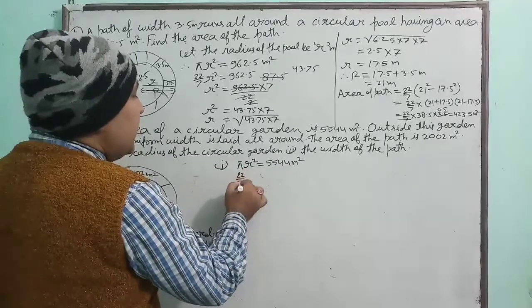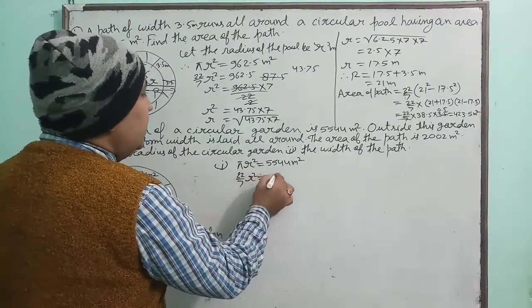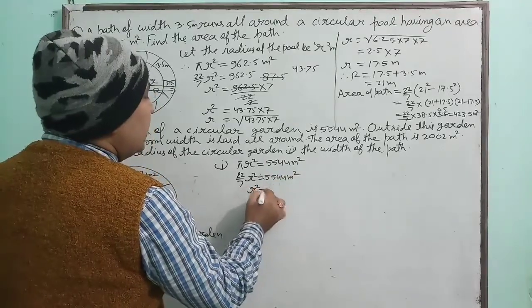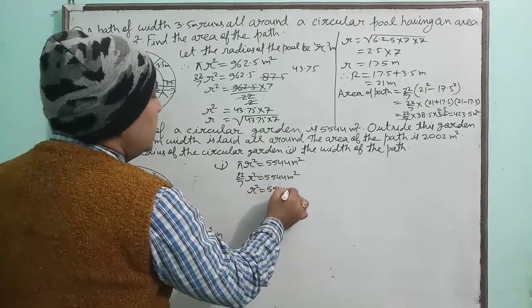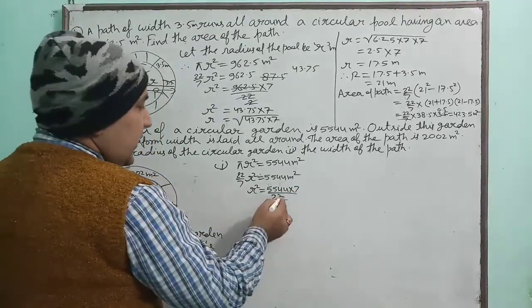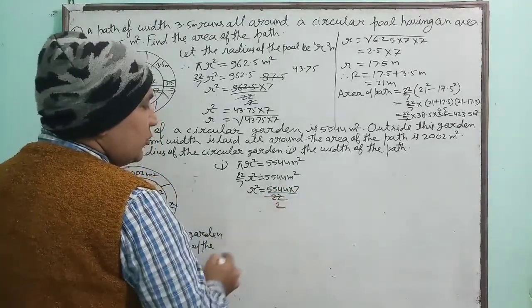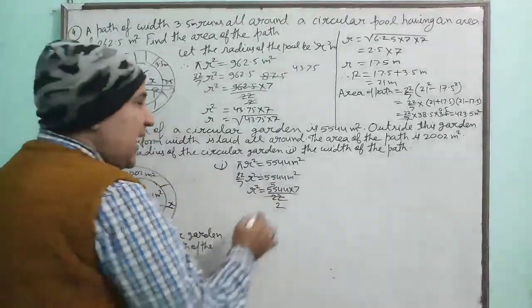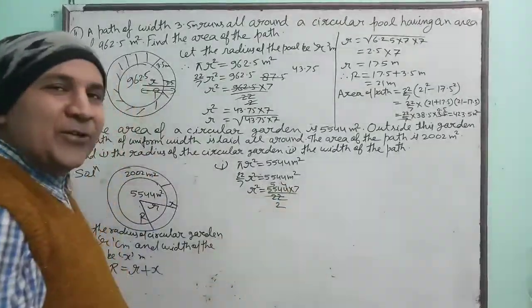Now pi means 22 by 7. So I hope you can calculate it. But see, I am doing for you. 11 dividing 22 by 2 times. 11 5s are 55 and 11 4s are 44.